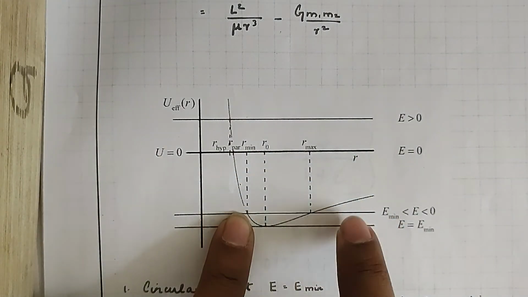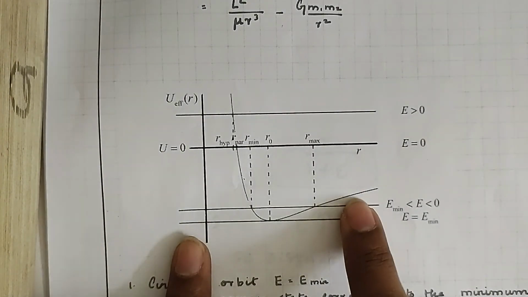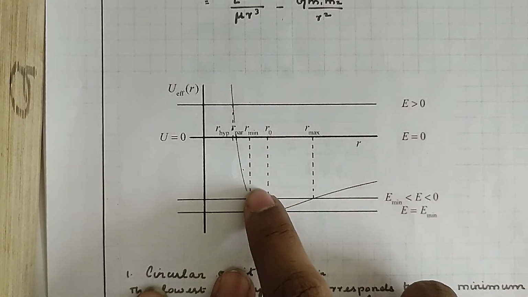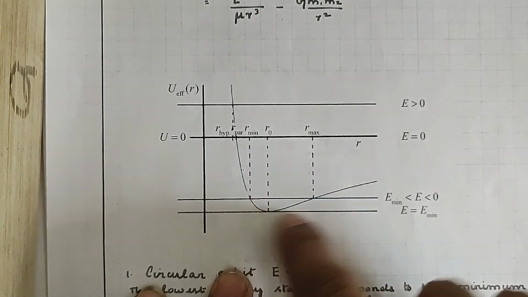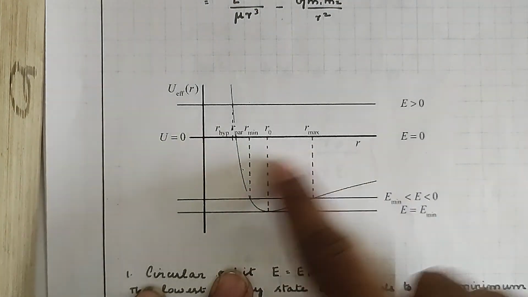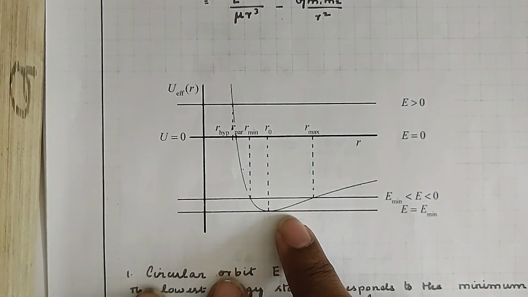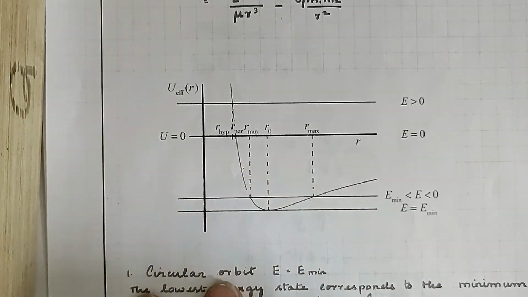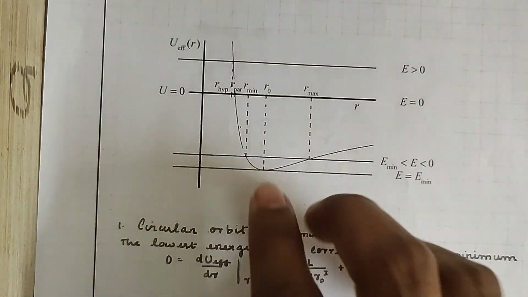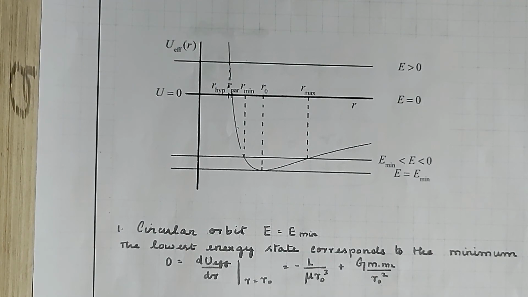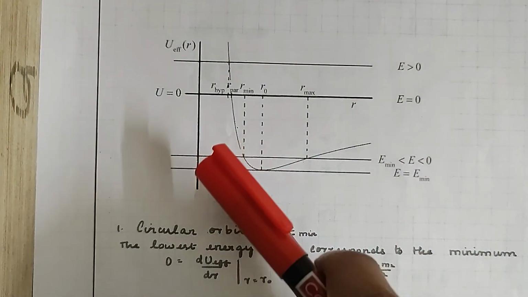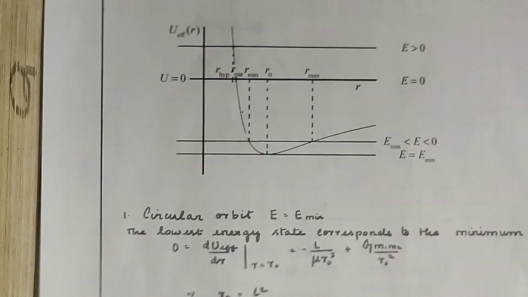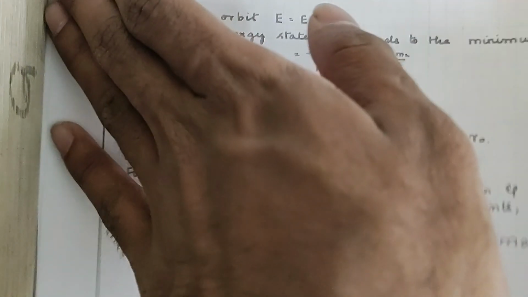Just see how the particle is in an elliptical orbit around this particular part of the graph. So this R minimum and R maximum are also called the turning points, as you can see from the graph. But that comes under small oscillation, so don't worry.